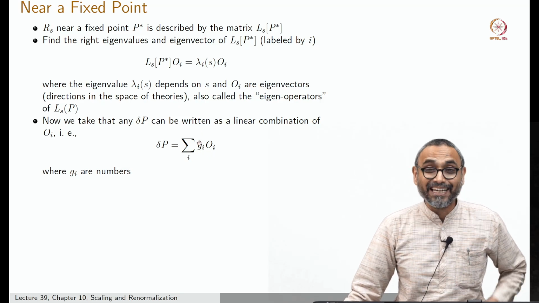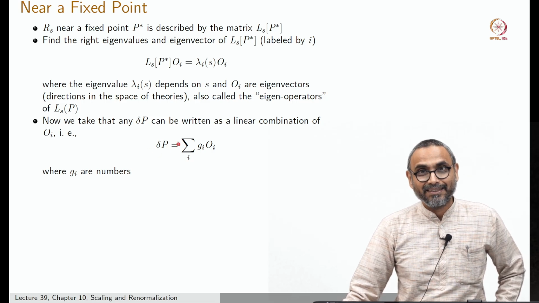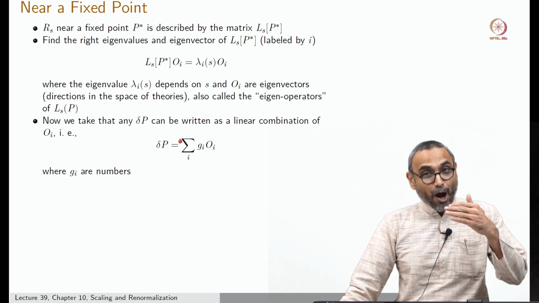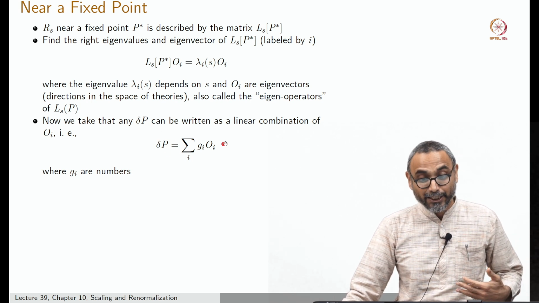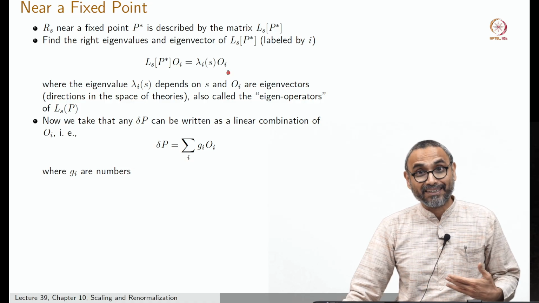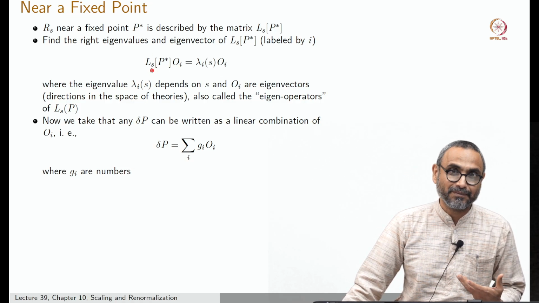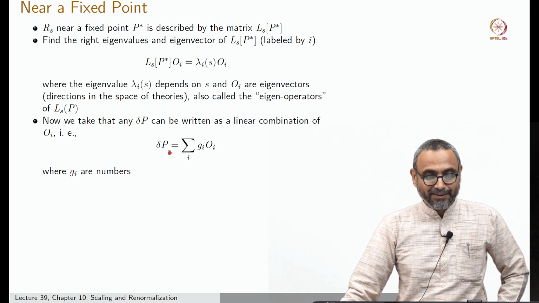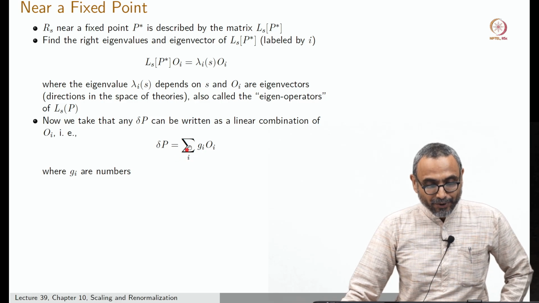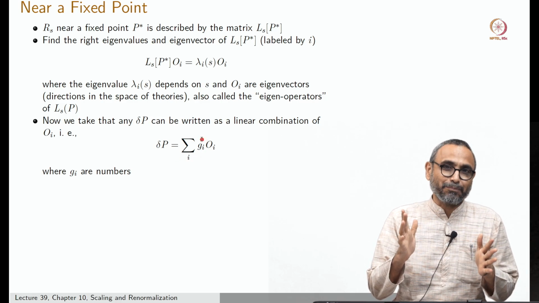What are gi? gi are some numbers which characterize delta P. All I am doing is finding a new way of bookkeeping my delta P using the eigen-operators of my Ls of P star. It's just a basis change. So these gi now describe how far away I am from the critical point.